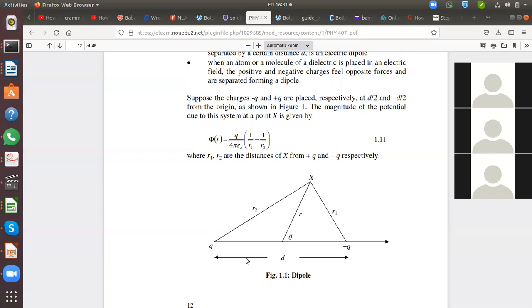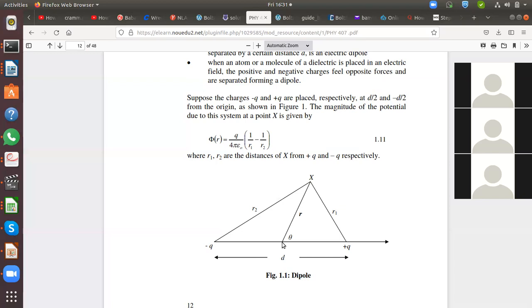It's just like you have D, the total length is D. Let's assume that we are at this point, the origin, like the midpoint. So it is D divided by 2. Let's assume that you are using a Cartesian coordinate to describe it.